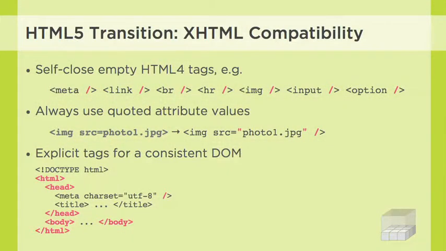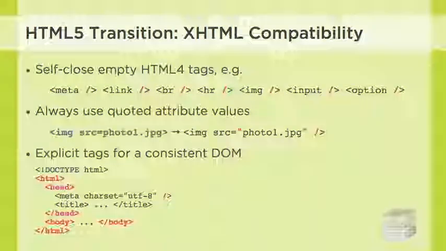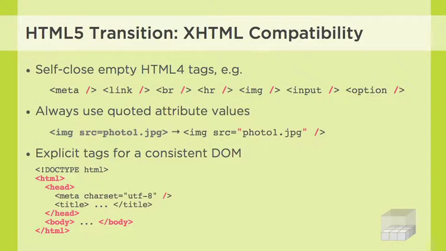Another common example where people run into this is in tables. So myself and many others, we write really simple tables. All we have is a table with a few rows and a few cells, and all you really need for that are the table, TR, and TD elements. However, if you want to maintain document object model compatibility with how this is interpreted in XHTML versus HTML, then you need to explicitly include a tbody tag around all your rows.